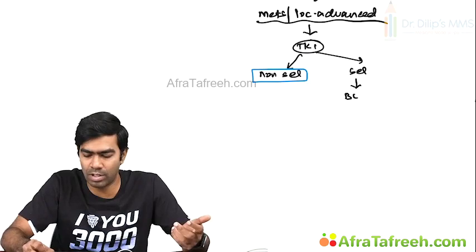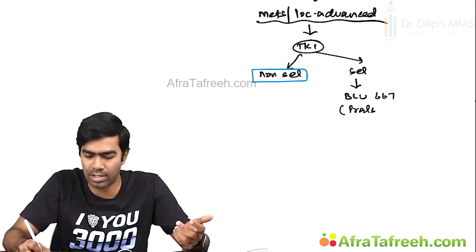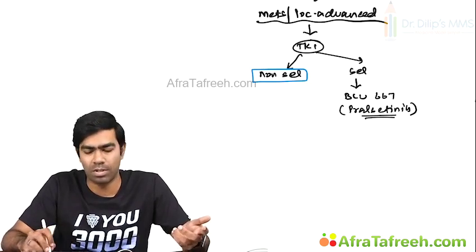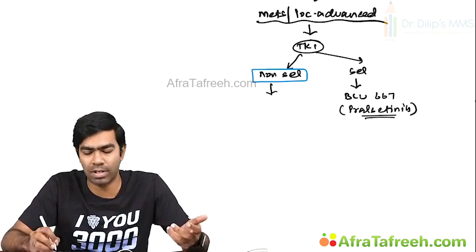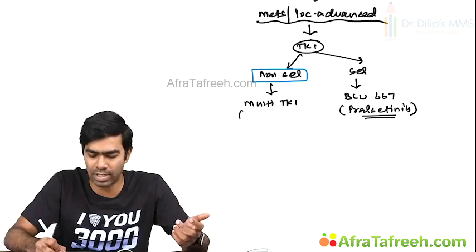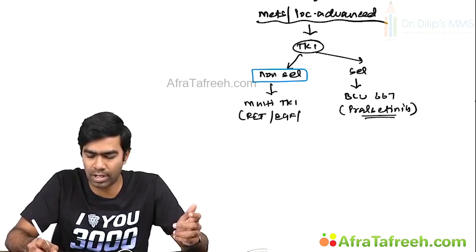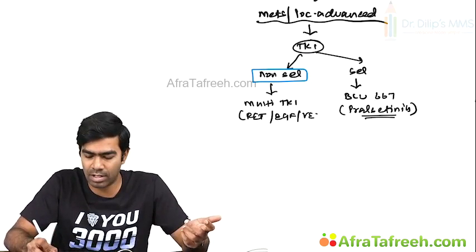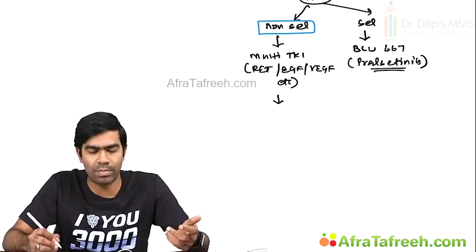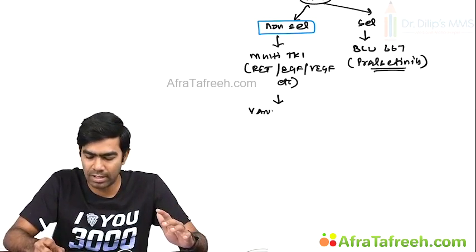One drug is called BLU-667, otherwise referred to as pralsetinib. So this is in the trials but not yet approved. But there are a lot of non-selective tyrosine kinase inhibitors, which are multi-tyrosine kinase inhibitors, which means they target a lot of tyrosine kinases like RET; not only RET, they can target epidermal growth factor and VEGF, vascular endothelial growth factor, etc. One example of these multi-tyrosine kinase inhibitors that is useful for MTC is vandetanib.